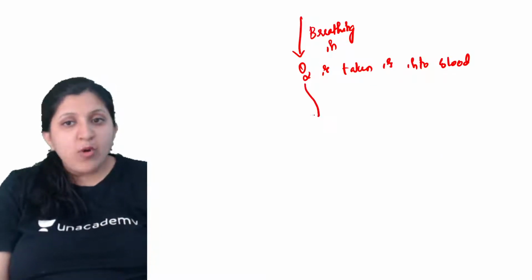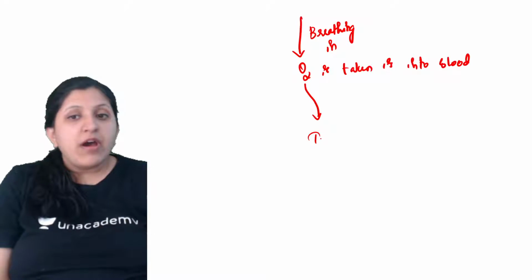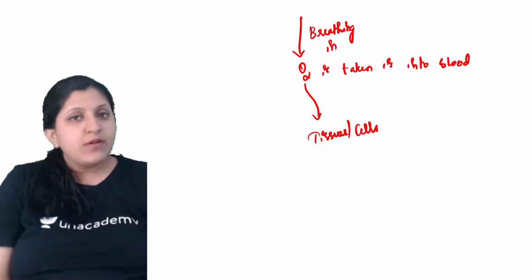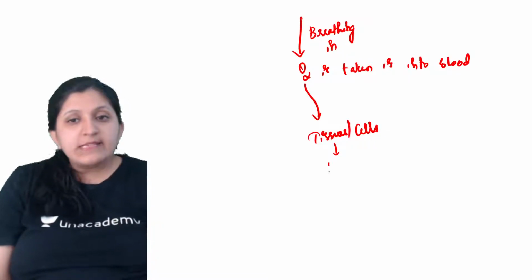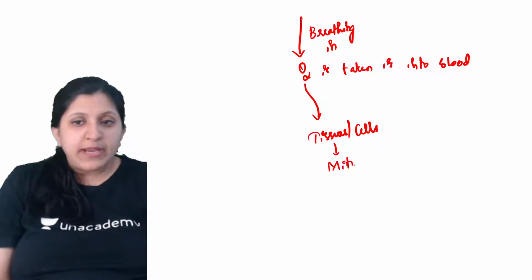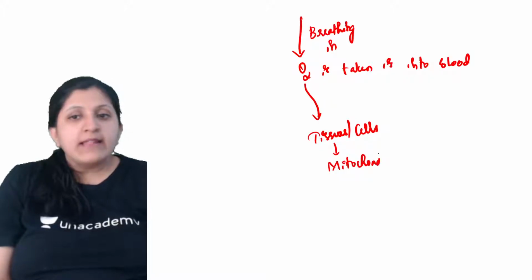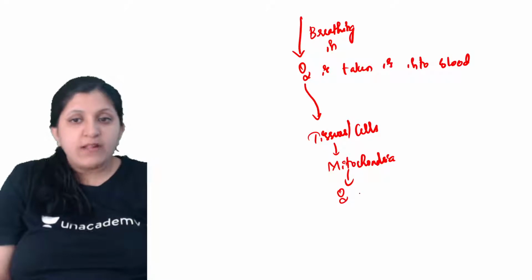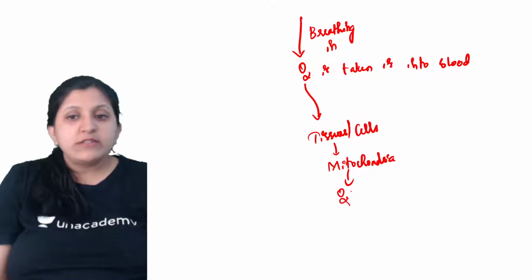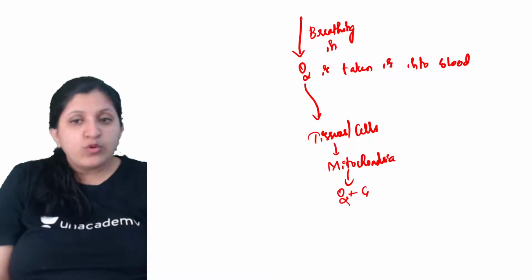Now the same oxygen is given to the tissues or cells, and then what will happen? In the cell there is an organelle called mitochondria, and this mitochondria takes up that oxygen, and from the digestive system it has got the glucose also.